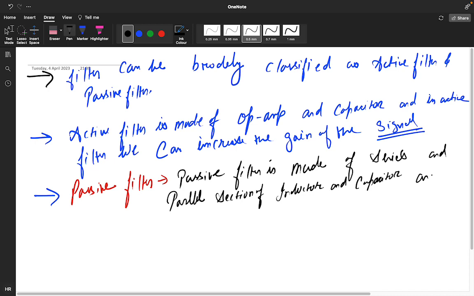In a passive filter we cannot increase the gain of the signal. So remember this particular point: in which filter can we increase the gain of the signal and in which filter can we not? In a passive filter we cannot increase the gain of the signal.